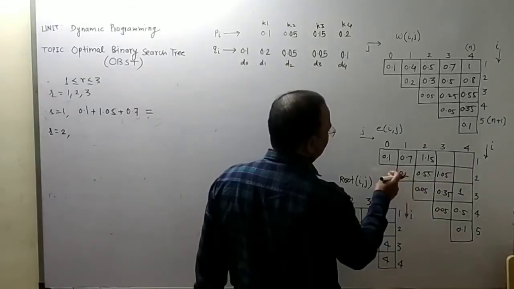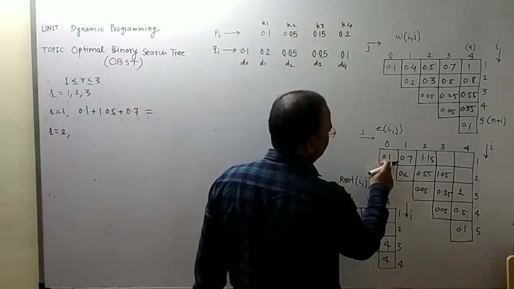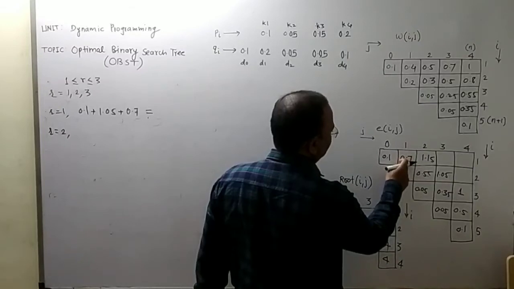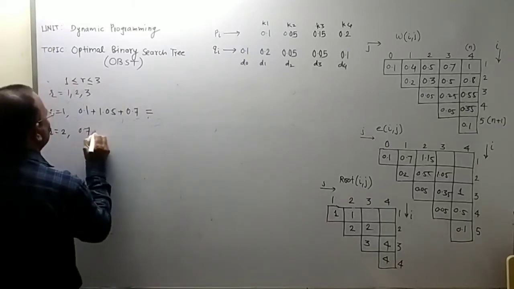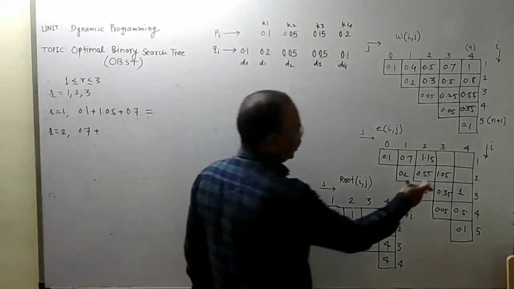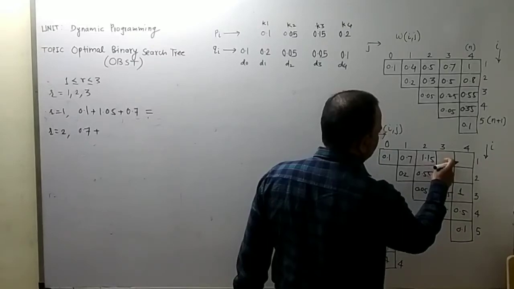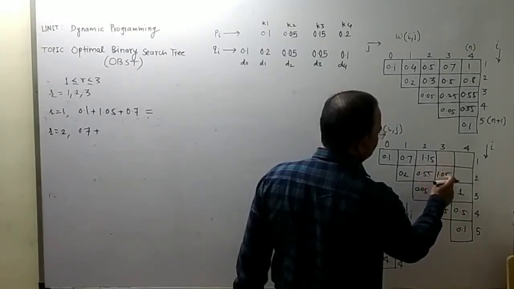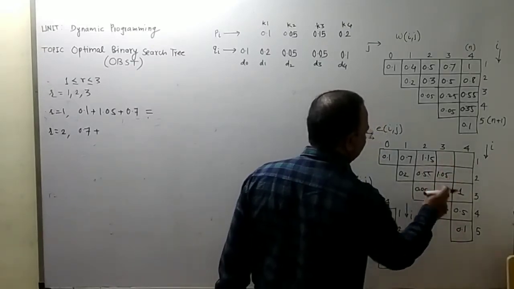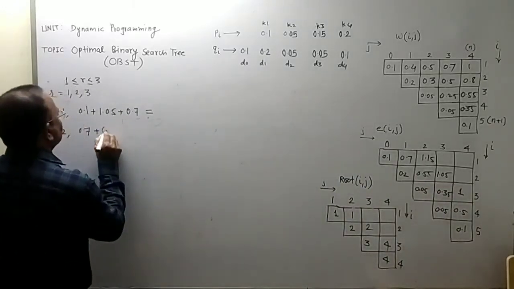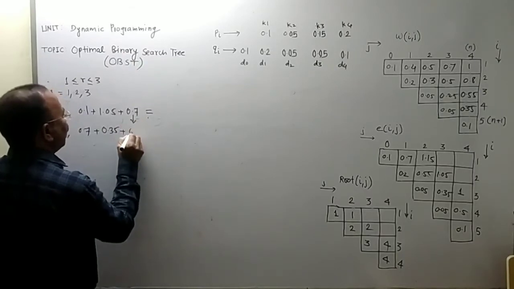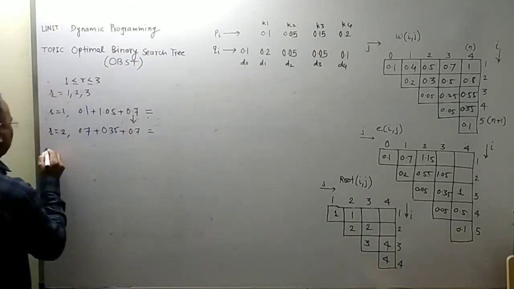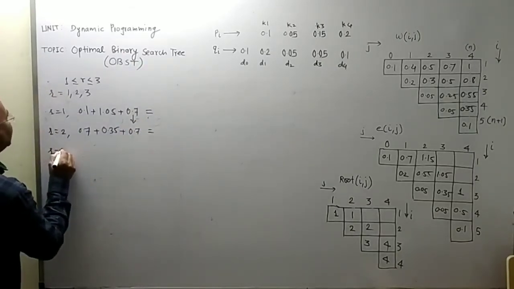Then for r is equal to 2. For r is equal to 1, we considered 0.1. Now consider 0.7 for r is equal to 2. So 0.7 plus, in the downside for r is equal to 1 we considered 1.05, now consider 0.35. 0.35 plus the W value, that is 0.7, is equal to. Then the value for r is equal to 3.